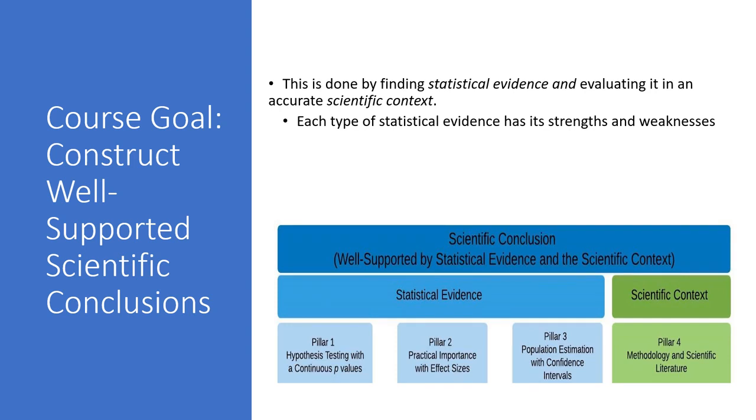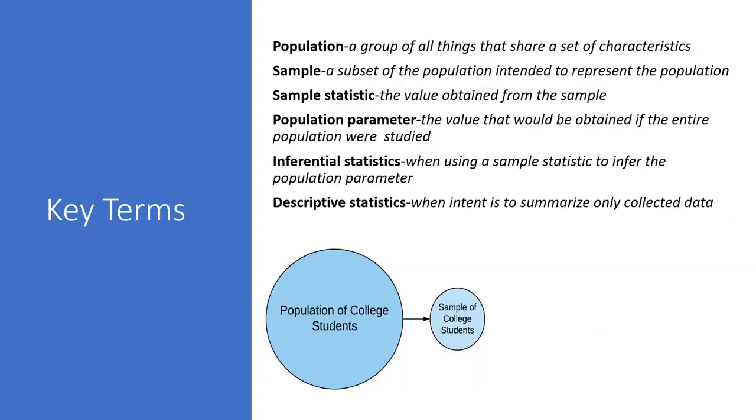Again, this is what we're going to be wanting you to do at the end of the course. Use statistical evidence and think about what it means, consider methodology and previous literature, and weave that all together to support a sound scientific conclusion. A major part of this first introductory chapter is introducing terms.